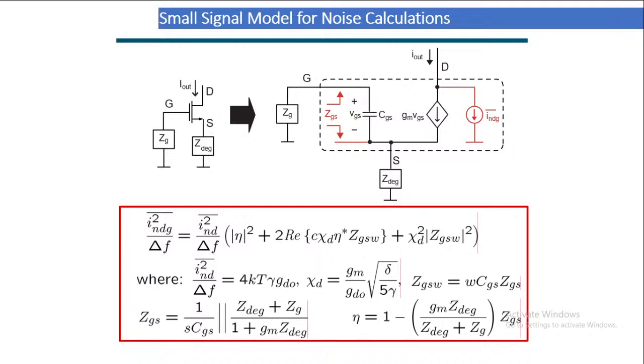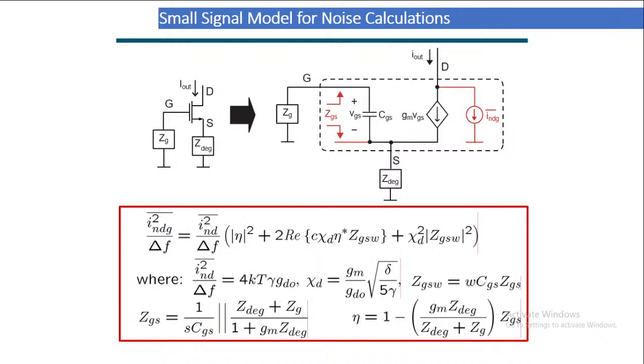Similarly, for noise, only one factor we are considering, the current noise INDG, and its mean square is INDG mean. That is in parallel with the device current. So there are two currents: the device current GM VGS, and the noise current INDG. Both are from drain towards source.